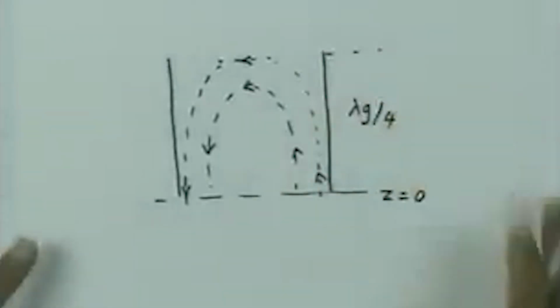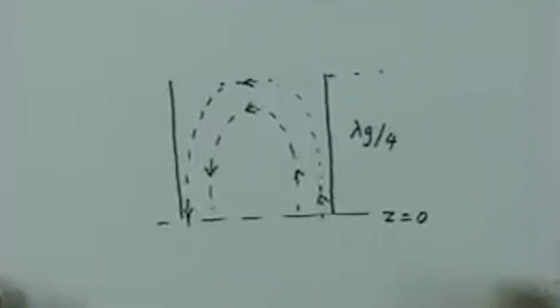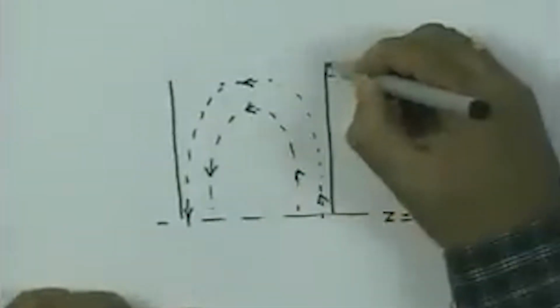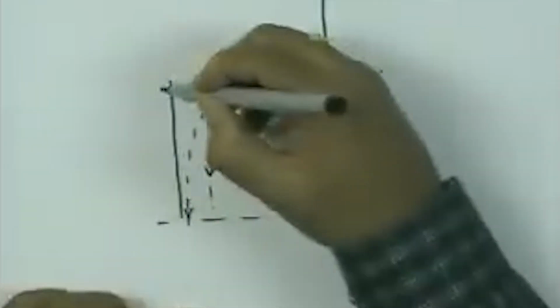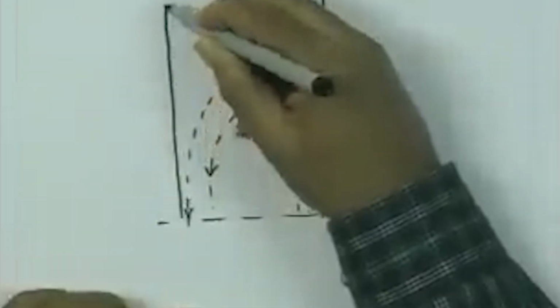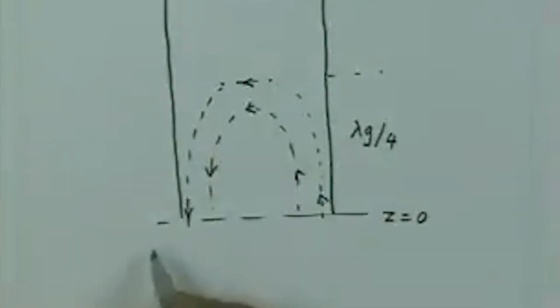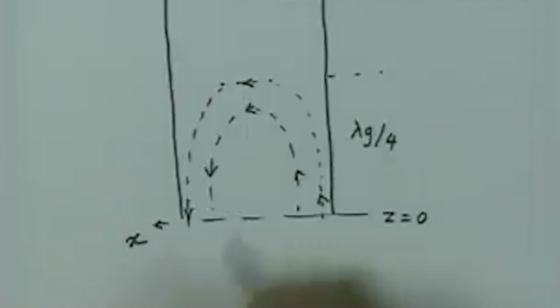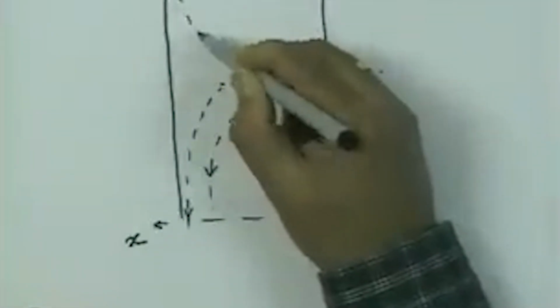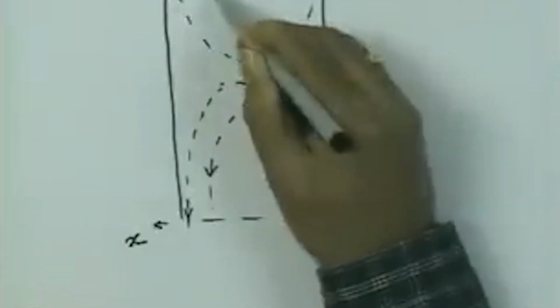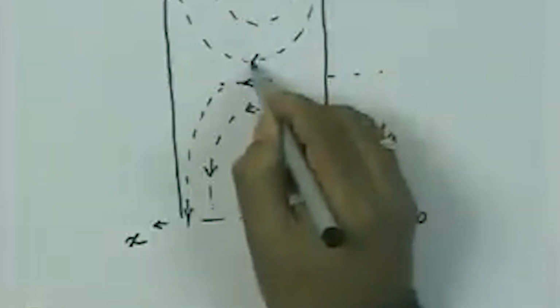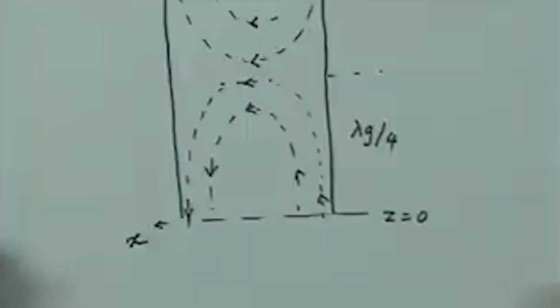If I go further lambda g by 4 from here, the direction will be reversed. So, if I go further in this direction, this direction is x, remember. So, again I get the magnetic loop which will be like this, and so on.